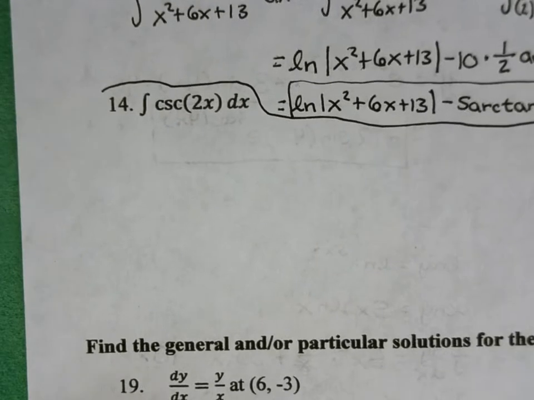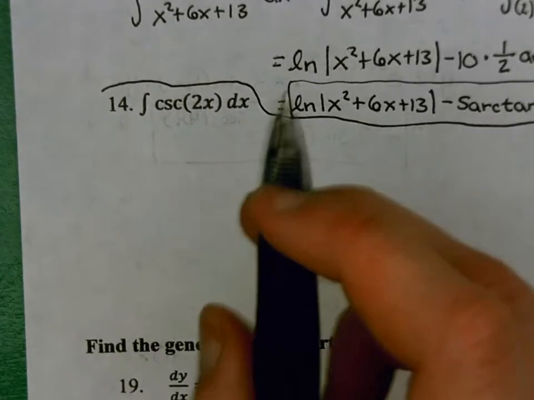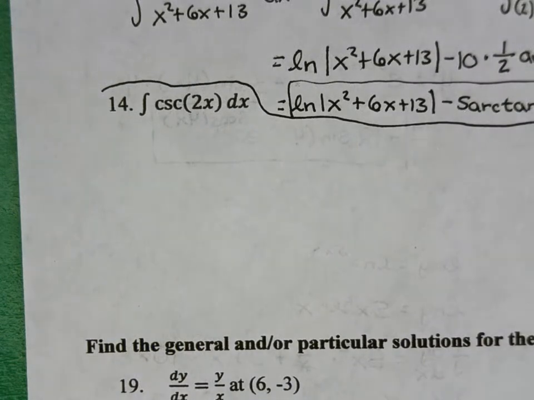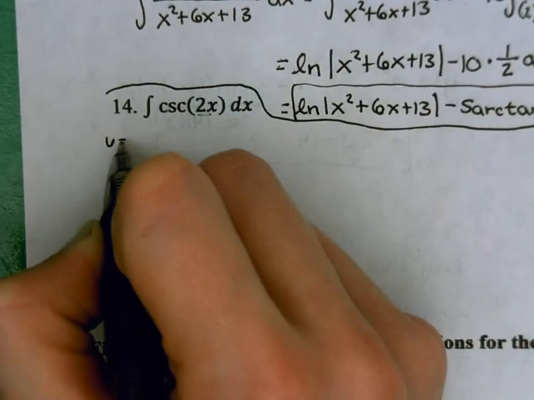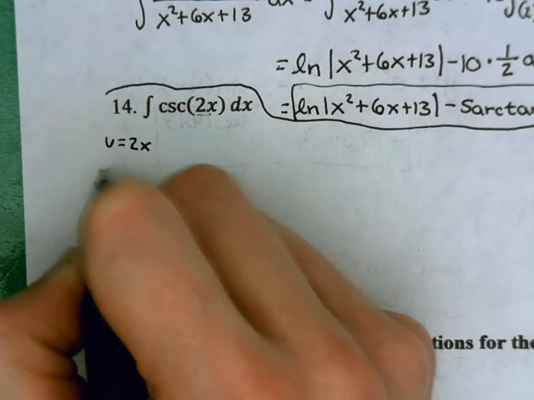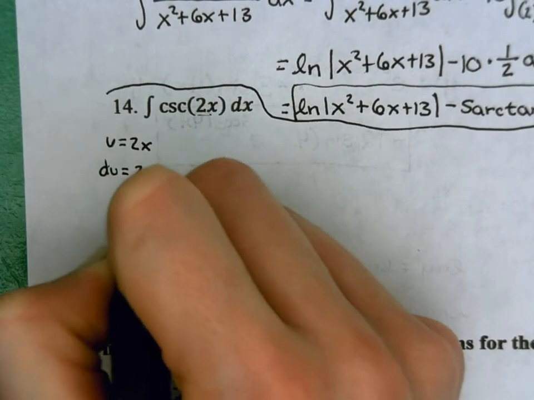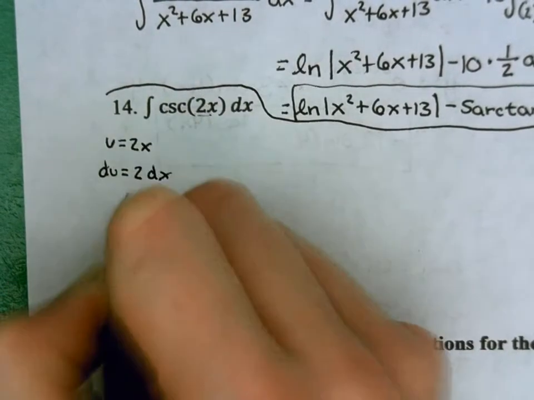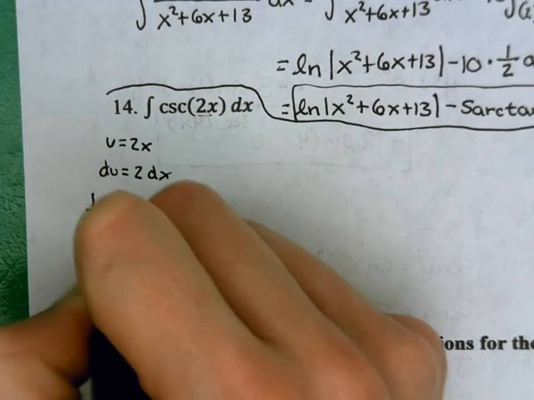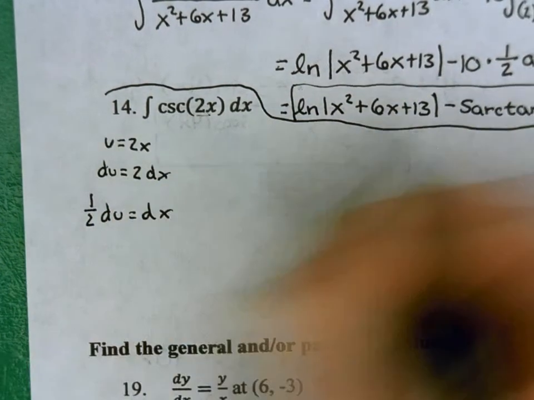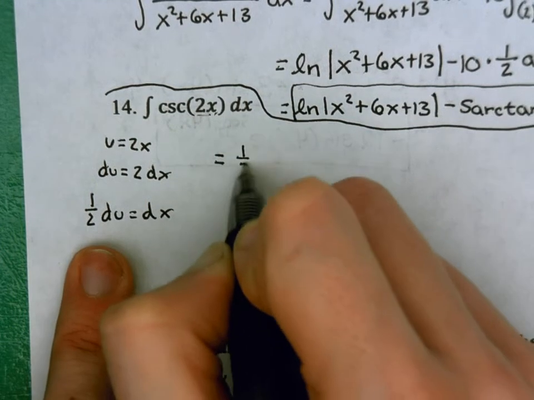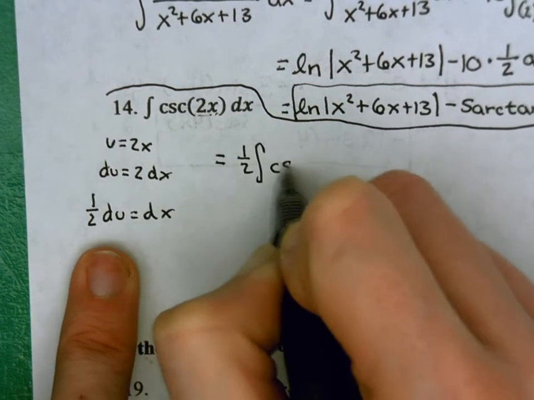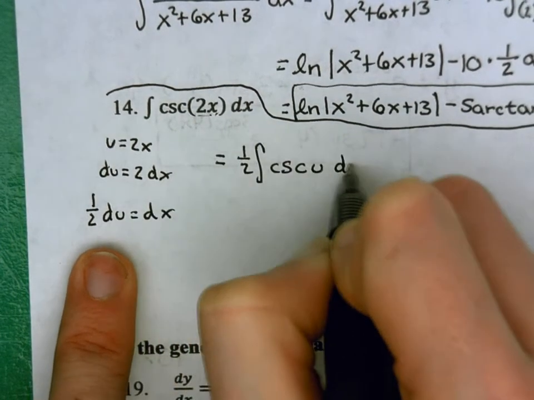So we are on to number 14. Number 14, integral of cosecant 2x dx. And there is a rule that says integral of cosecant u. So there's my u. There's something in there with that x, so we have to do a u du substitution. And there's no extra 2, so I'm going to divide that 2 over. Okay, so rewriting this problem, scalar cosecant u du, and now I'm set to apply my rule.